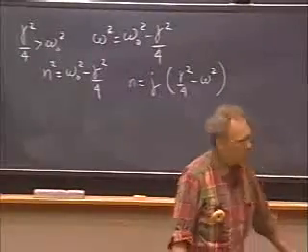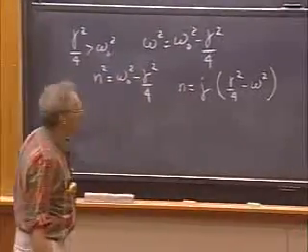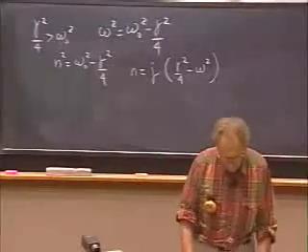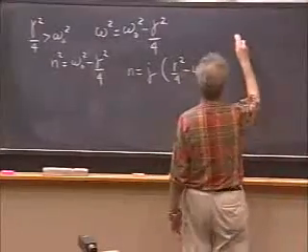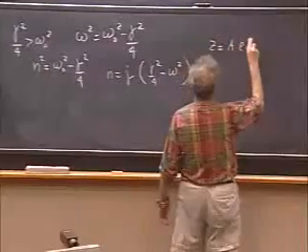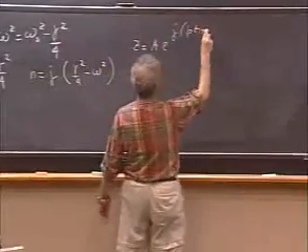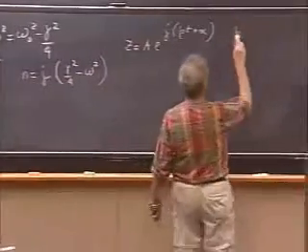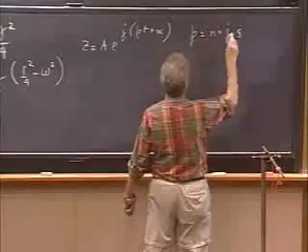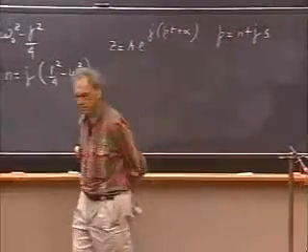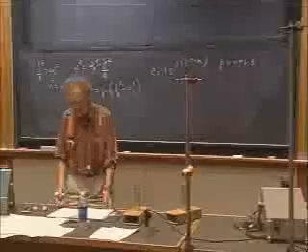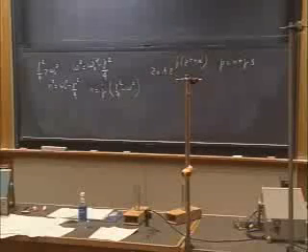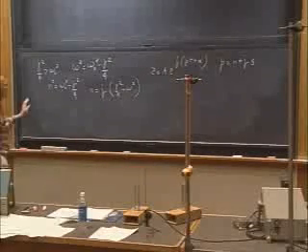If now you substitute this back in the equation that we had earlier, when we had the equation that z was a times e to the power j pt plus alpha, and then p was n plus js, remember? If you do that now, and you turn the crank, then you get the valid solution for z, and you take the real part, and you get the valid solution for x.